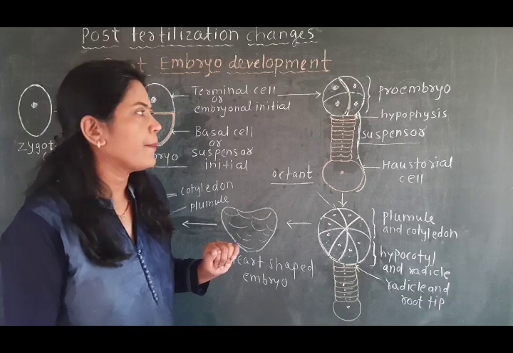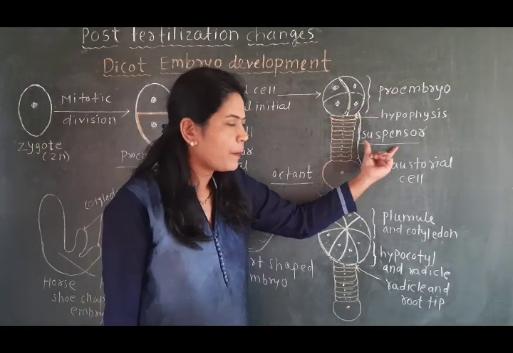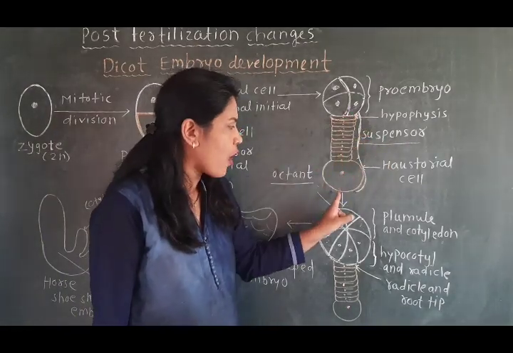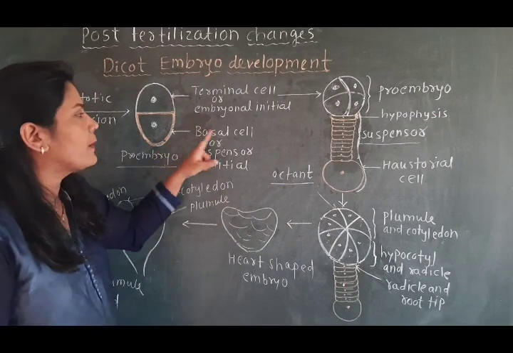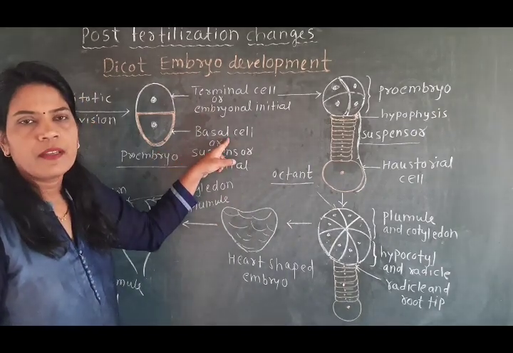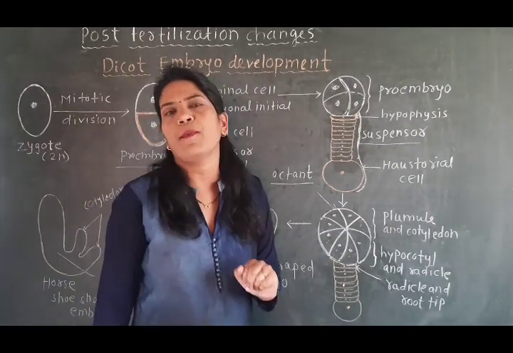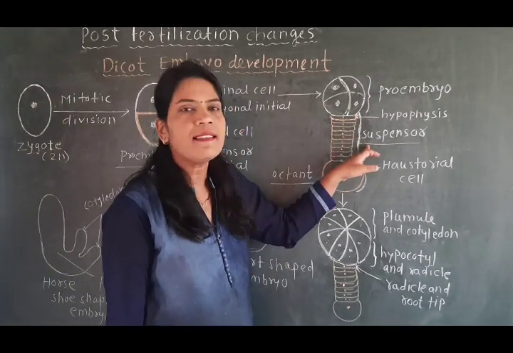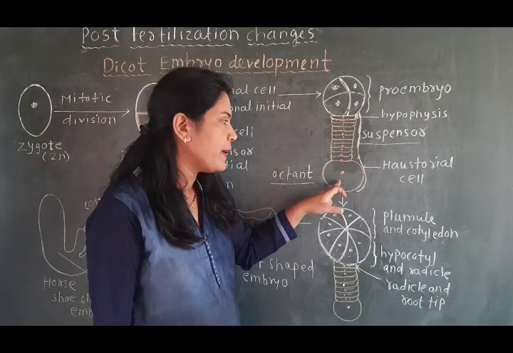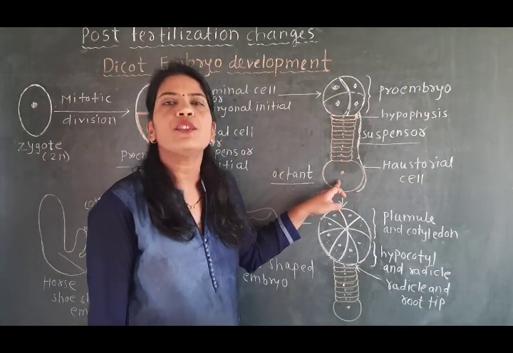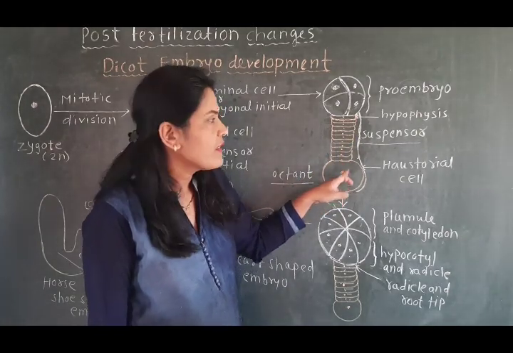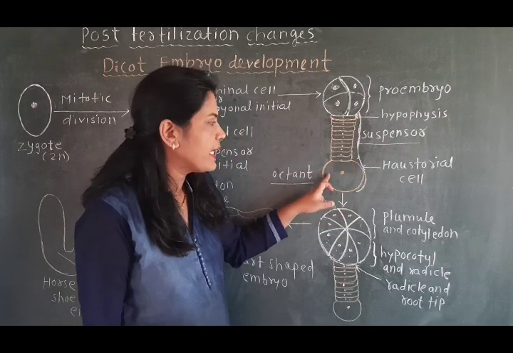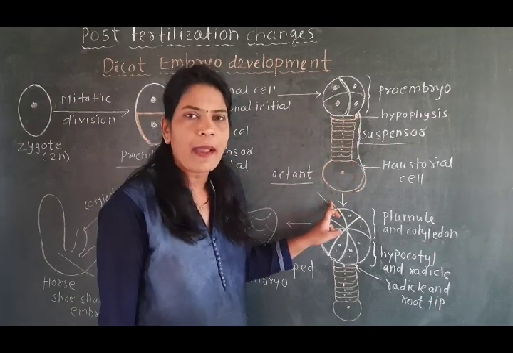Okay, now see what happened. The suspensor, which is formed by the division of the basal cell, shows two important modifications. Which are those modifications? The suspensor has one biggest cell, which is toward the micropyle end.